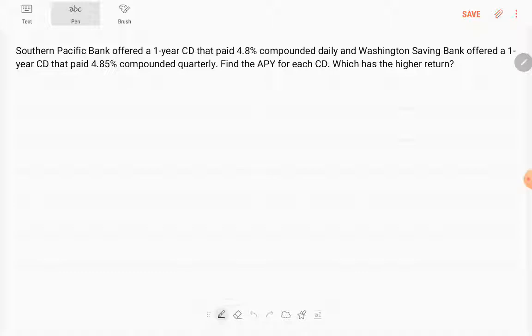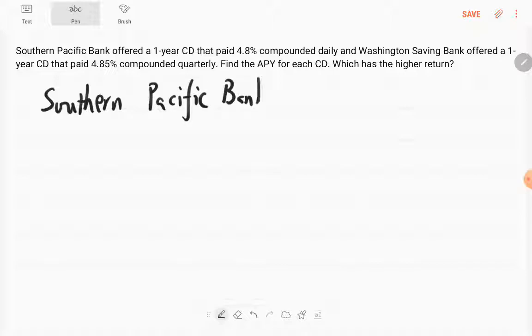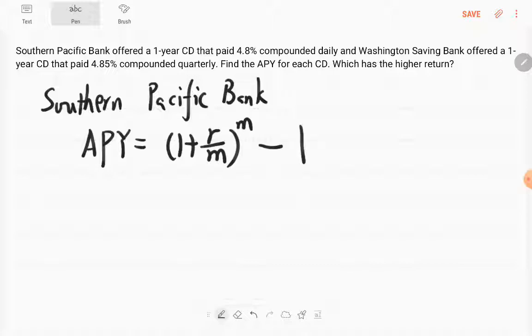So now let's calculate for Southern Pacific Bank first. The APY, we know, is equal to (1 plus r over m) to the m, minus 1, right?